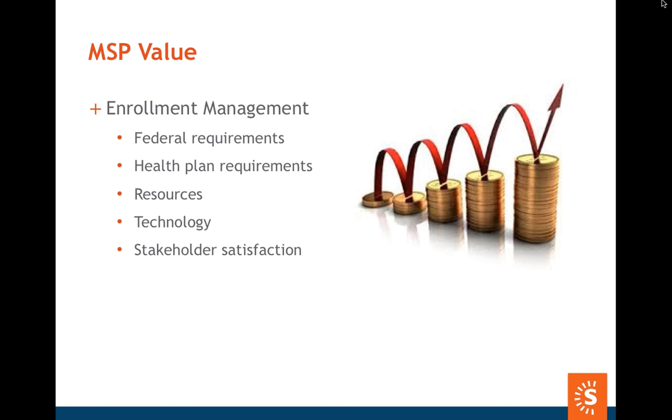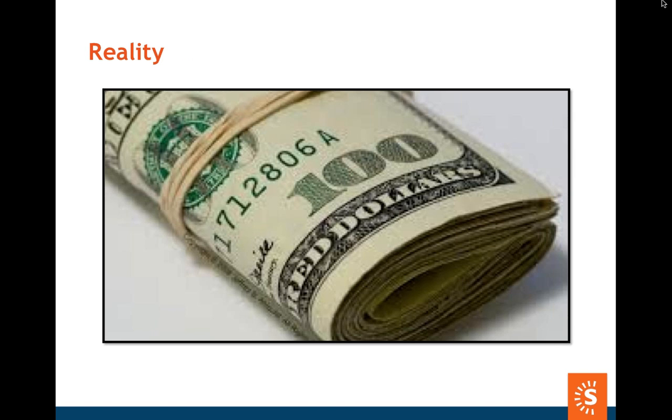And enrollment truly can be broken into these 5 areas. You have to understand what the federal and state requirements are. Understand the nuances between the health plans. What resources you need in order to perform the work, focusing on technology, with always our priority being stakeholder satisfaction: your organization, the practitioner, the health plan.